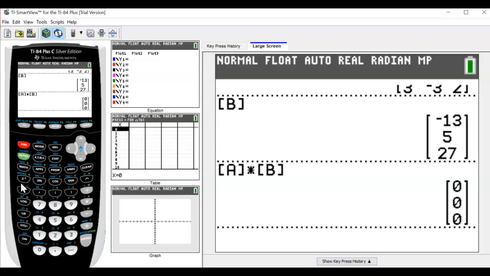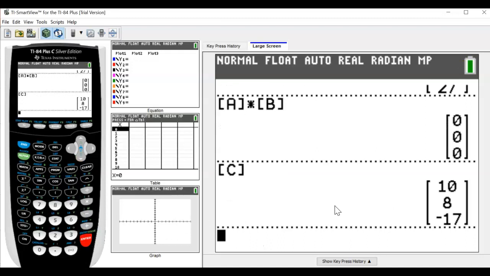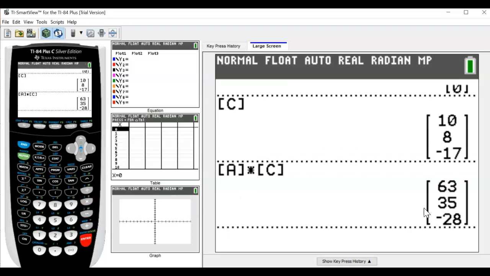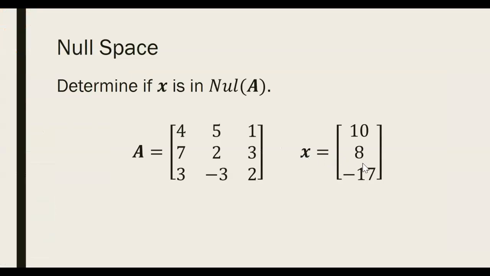In this case, I've left the matrix A the same, but now I've entered matrix C as what we called the X on my previous slide. So we're just going to take matrix A and multiply times matrix C. And in this case, we definitely do not get the 0 vector.